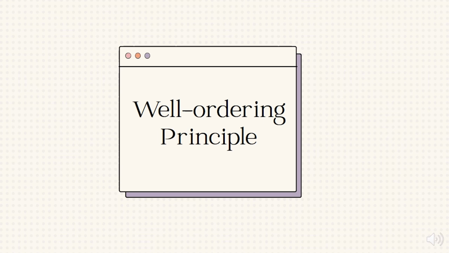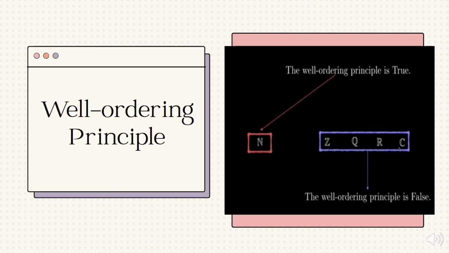Now, let us proceed to the well-ordering principle. The well-ordering principle is one important property of natural numbers. It is true only if we are considering natural numbers, but it is not true if we are considering integers, real numbers, rational numbers, or complex numbers.